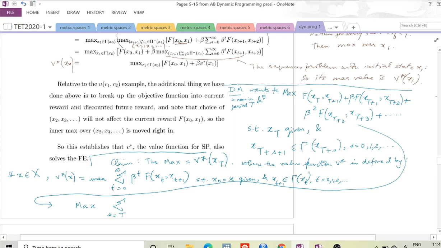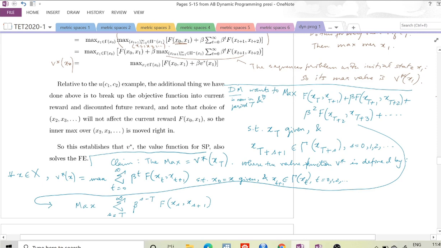So small s starts at capital T and goes on through infinity, beta raised to the s minus capital T, f of x s plus 1.